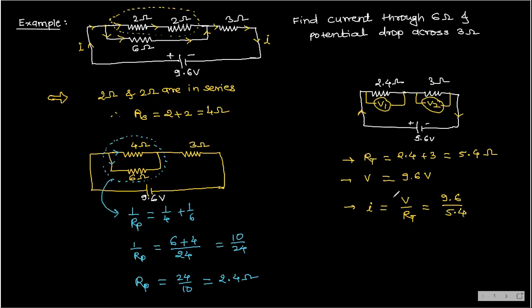How much do you get? 9.6 by 5.4, which is 16 divided by 9. It is coming 1.77, right? So we will keep 1.77 ampere.